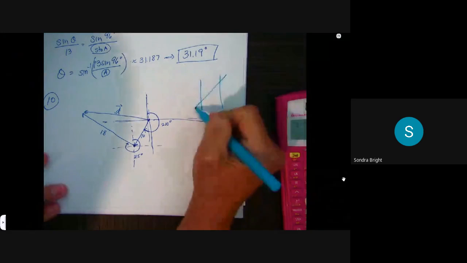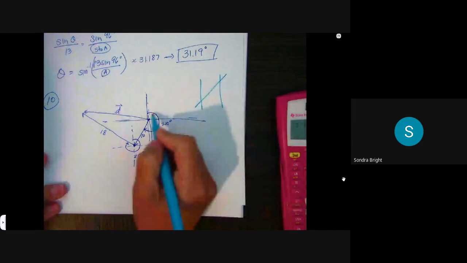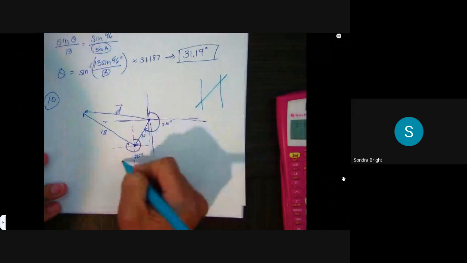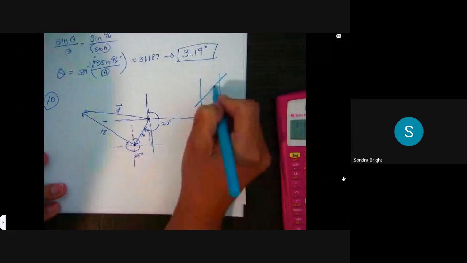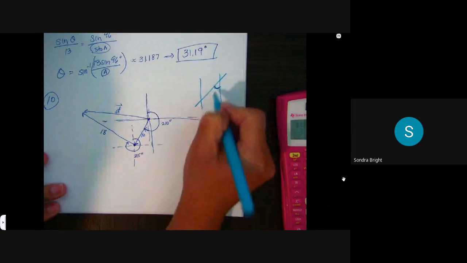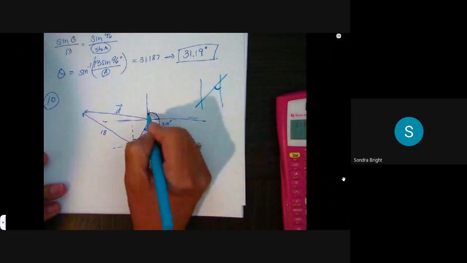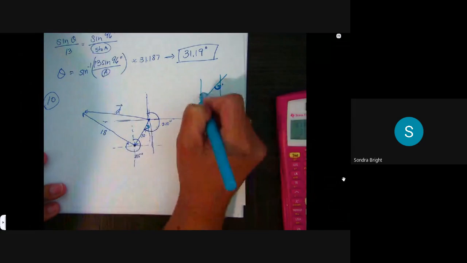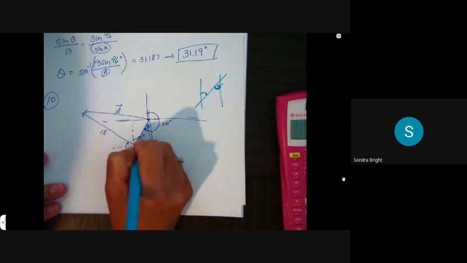Here's the north-south line, here's the north-south line, and the transversal is this guy. I know what this angle is because this is 210, but from here to here is 180, which makes this guy 30. So if that's 30 degrees, so is this angle, just to the north-south line, that part's 30.